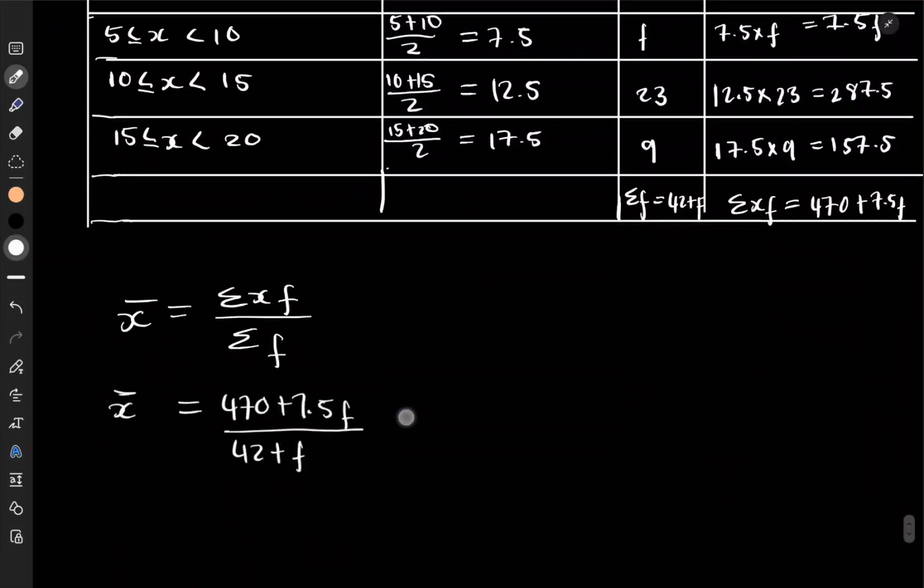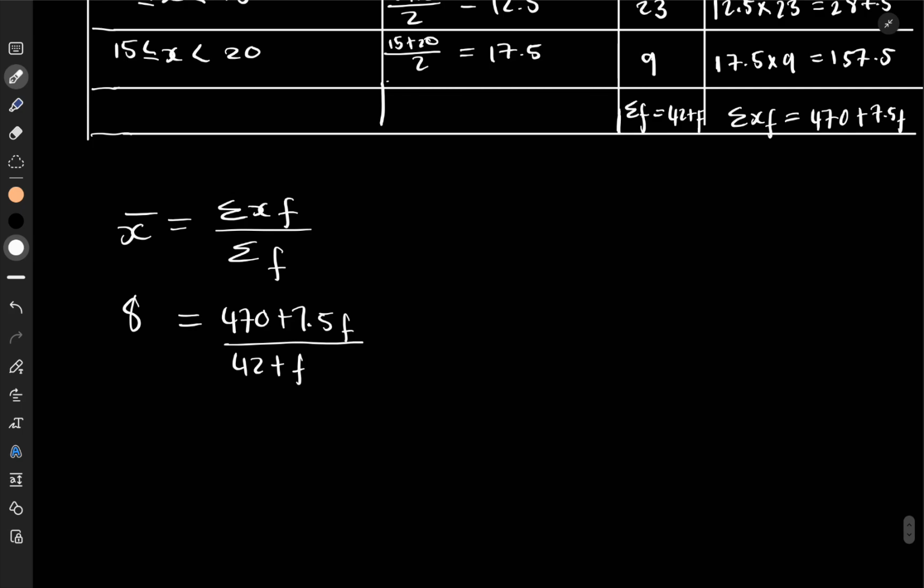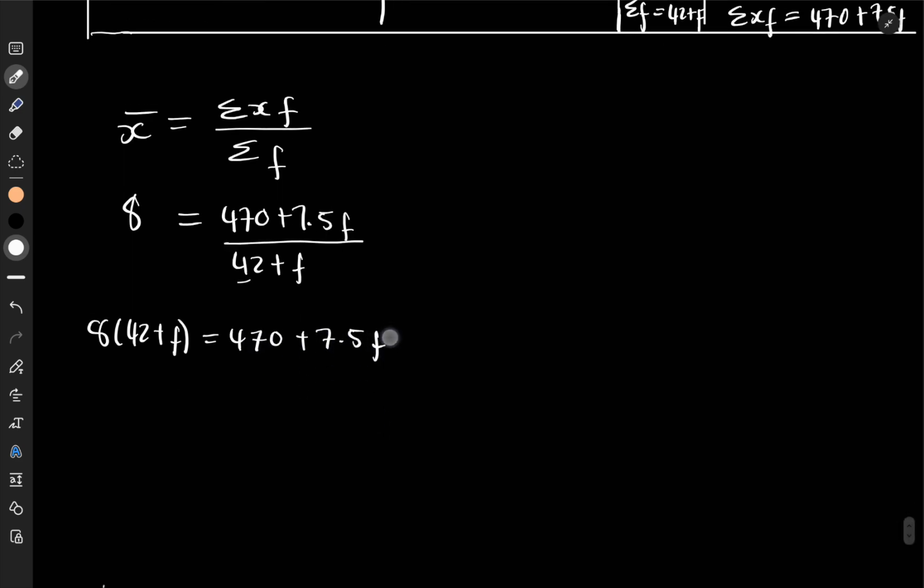It's 8, so I can put 8 here instead of X bar. So 8 is equal to this, and part I is done. This is the equation. If you want to take this to the other side and say 8 times 42 plus F is equal to 470 plus 7.5F, you can leave it in this state. You're still allowed. Or even expand it and then leave it, you're still allowed.